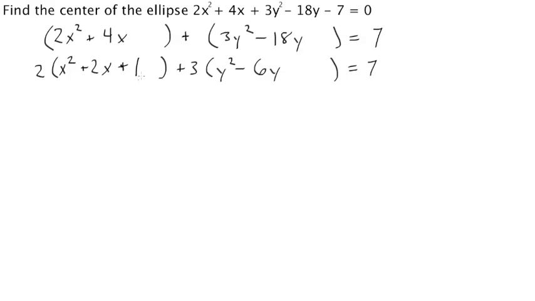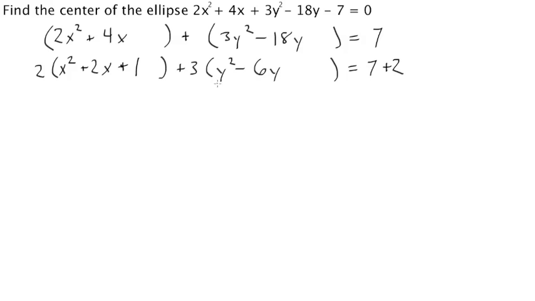So in actuality, we haven't added 1 to the left-hand side. We've added 1 times 2, so 2. To keep things balanced then, we need to add 2 to the right-hand side. If we were to multiply this out, what we've actually added is not 1, but 2. So that's why I've added 2 to the right-hand side.